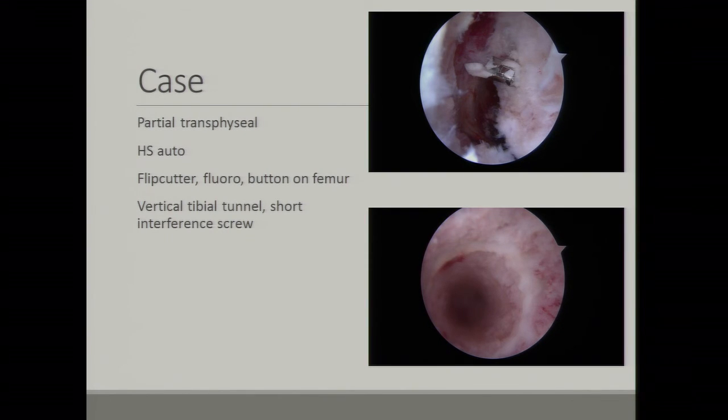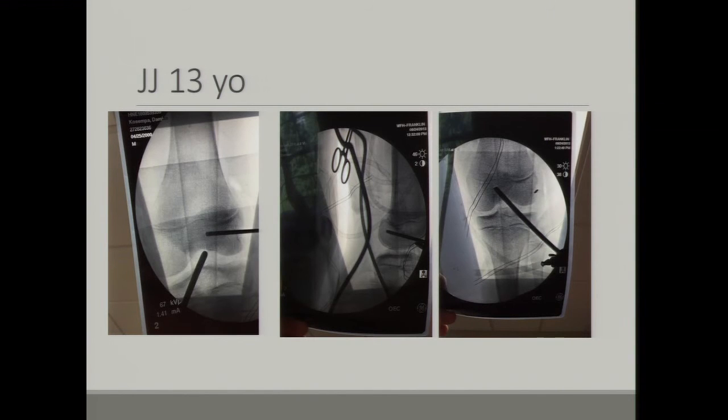This is actually my scope in the tibial tunnel. You see the physis right here, and I'm drilling straight across it with a long vertical tunnel. And on the femoral side, drilling from the outside in with what's called a flip cutter device, where I'm completely within the epiphysis, helped with fluoroscopic intraop assistance.